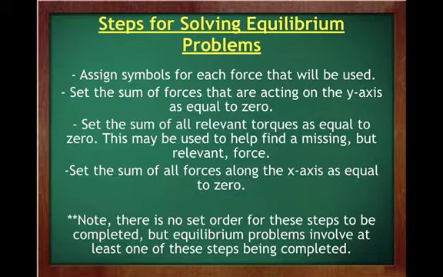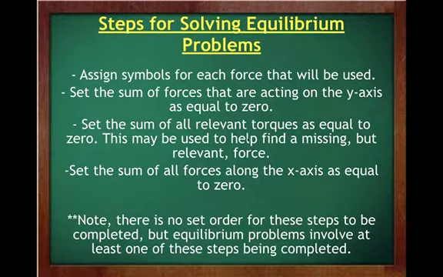When you're trying to set up your forces, you'll need to look at them in two dimensions, so look at them in terms of their vector components. What is the sum of the forces acting on the y-axis, what is the sum of the forces acting on the x-axis, and you'd want to set those acting on the y equal to 0, and the ones on the x equal to 0, and then also set all of your relevant torques equal to 0, okay?